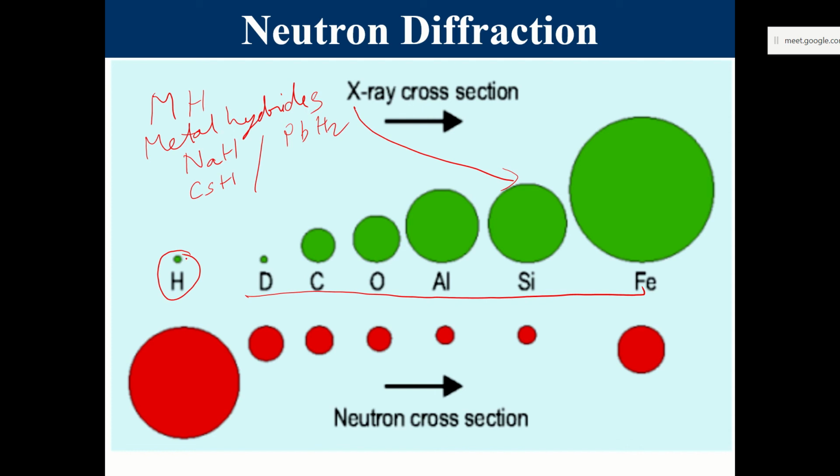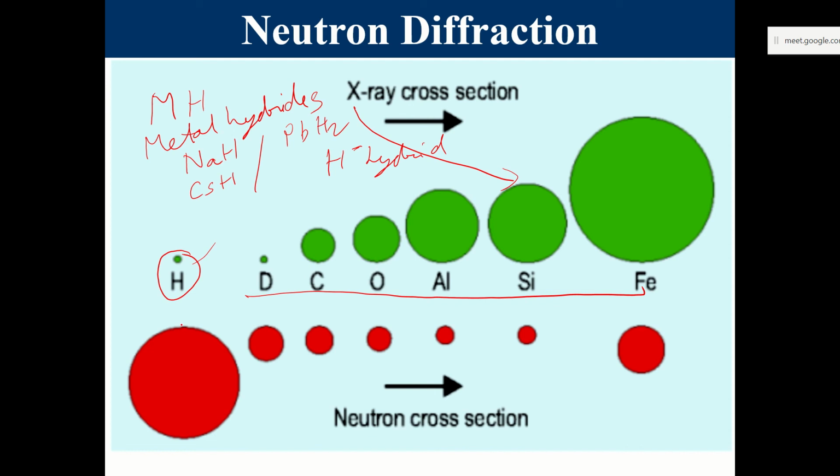The hydride ion, H minus, has only two electrons, so there will be hardly any signal from that atomic center, and it will be difficult to locate the hydride ion in the crystal. So X-ray diffraction fails in locating the hydride position, because the scattering is less.